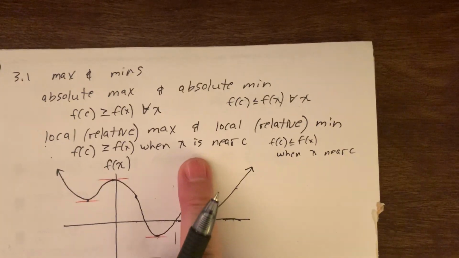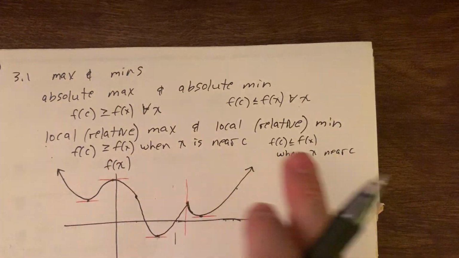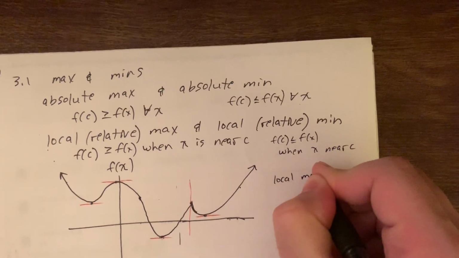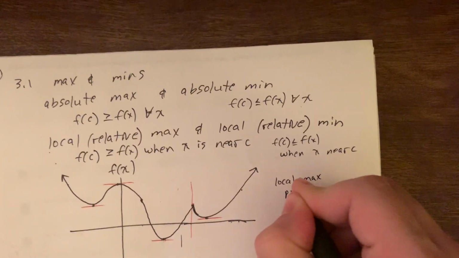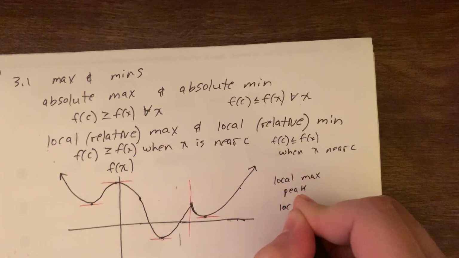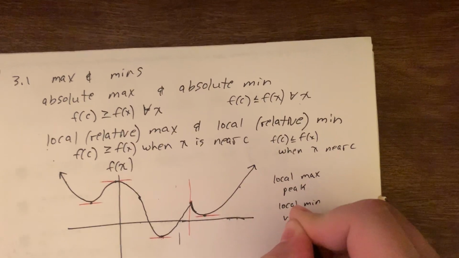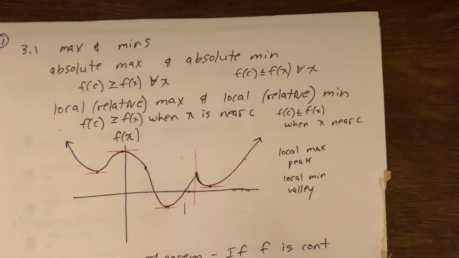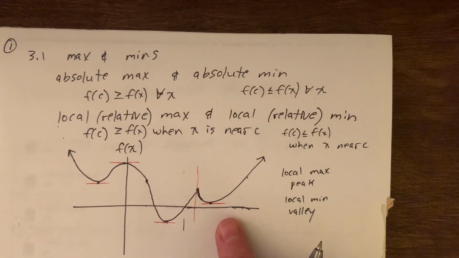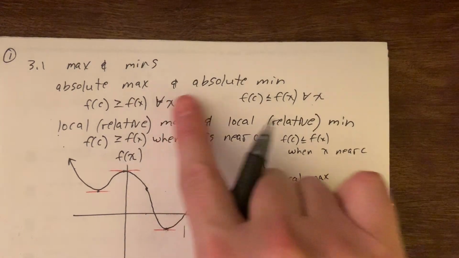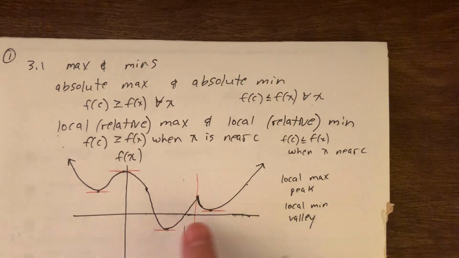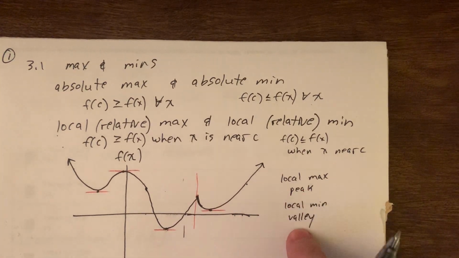So even though this is formally the definition of a local max and a local min, the real idea is that every local max is a peak, and that every local min is a valley. So now I don't care how high or low, and that is one of the biggest things to realize. Absolute max and min are all about biggest y, smallest y, but local max and mins are really about peaks and valleys.